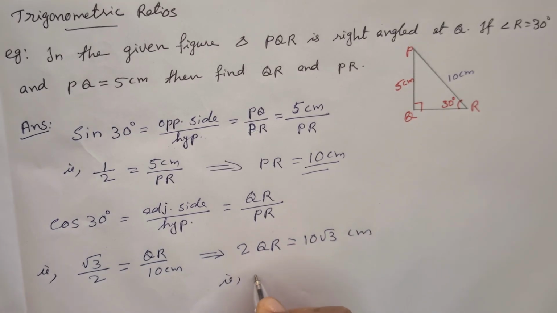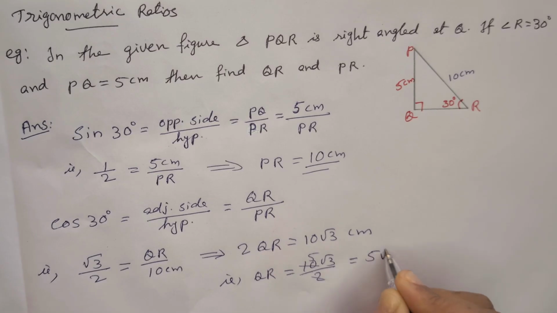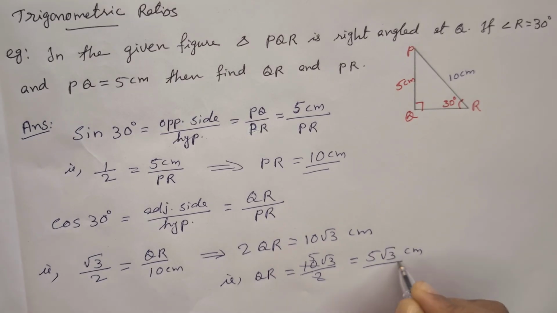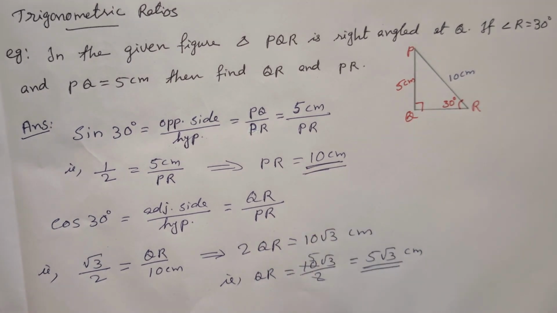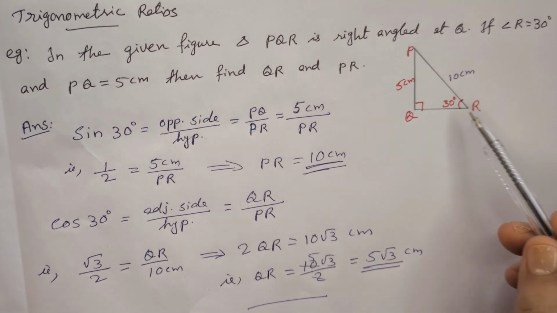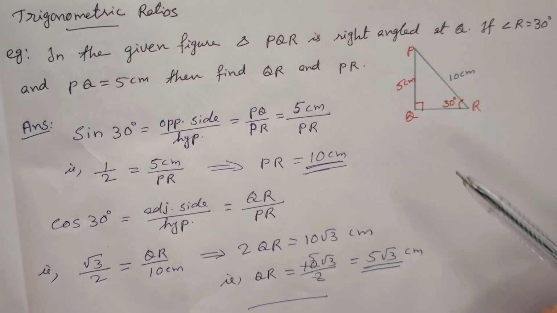That means QR is equal to 10 root 3 by 2, which is 5 root 3 centimeter. So now we got QR as 5 root 3 centimeter and PR as 10 centimeter. That's the answer. This is the way we use the ratios, sine, cos, to solve the questions. Similarly, tan and the rest of the ratios also we can use to solve the questions.